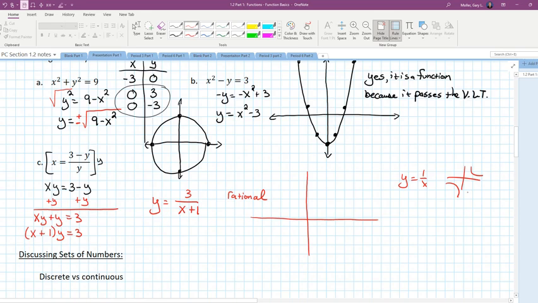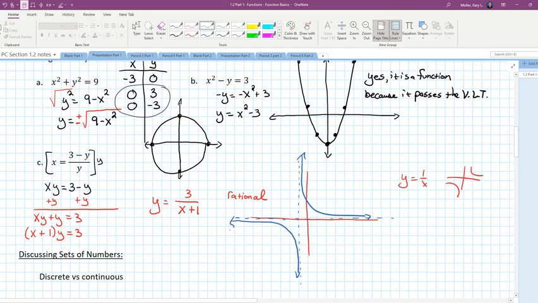And we're going to shift it 1 to the left. So this is a graph with a vertical asymptote at -1 and a horizontal asymptote at 0. We don't need to be too specific because we're going to review these in detail. But then the graph of this follows the asymptotes and looks like this.